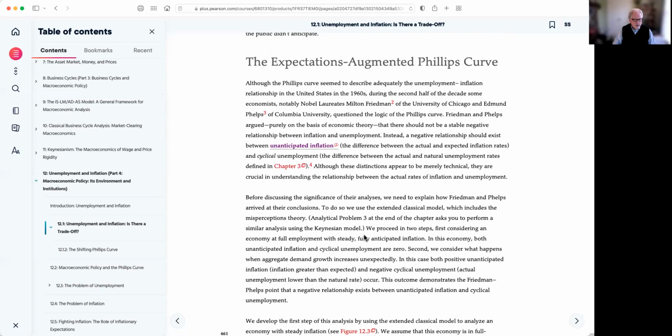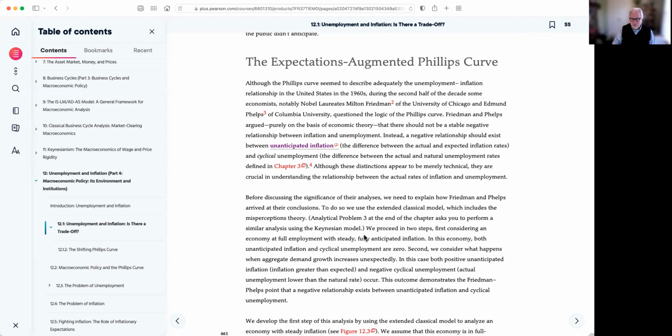Different unemployment rates could have similar inflation rates, or the same unemployment rate could have different inflation rates associated with it. But if the inflation was unanticipated, perhaps that could mean that something's happening in the economy that could move the economy toward lower unemployment while having higher unanticipated inflation.